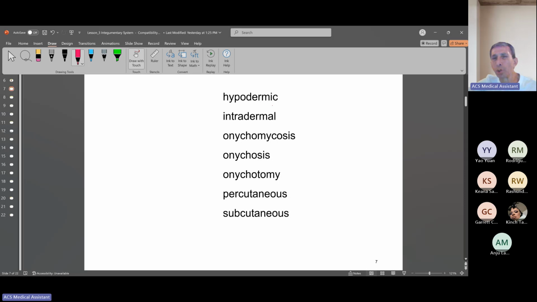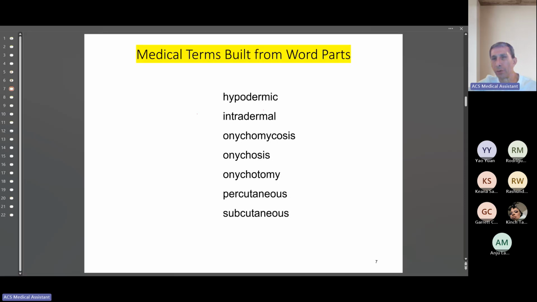So hypodermic, we are already familiar with this word. Hypodermic. So we have hypo, we have derm, and ic. Do we have a combining vowel here? No, there is no combining vowel.